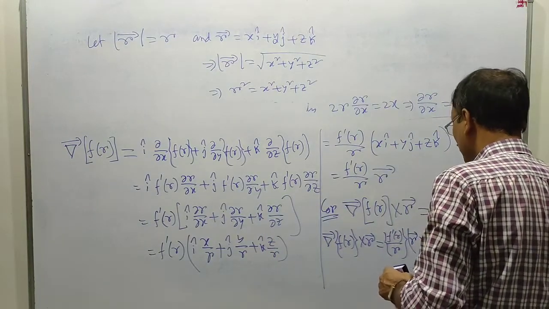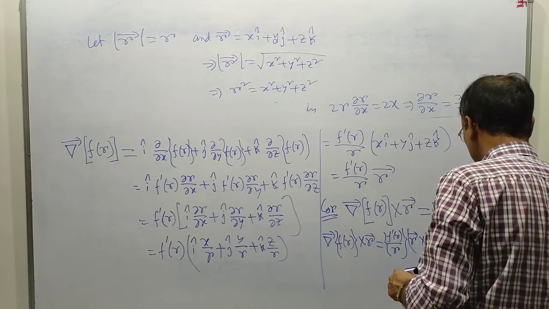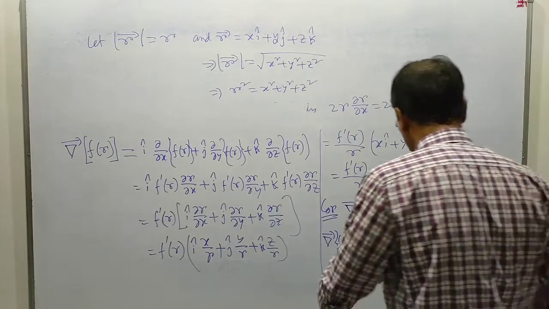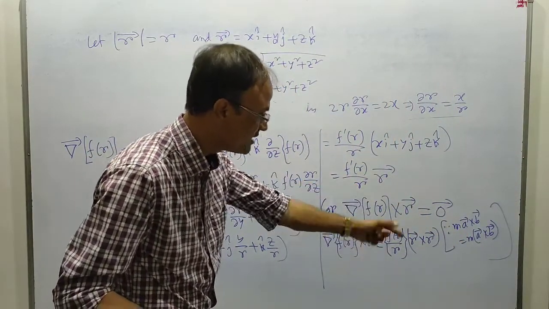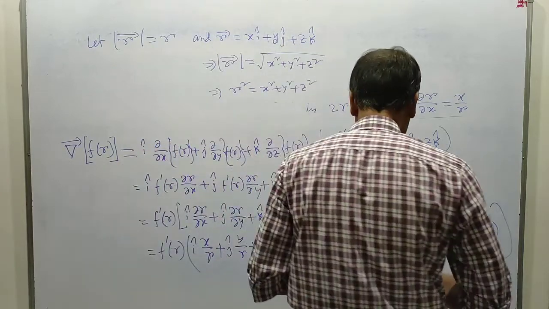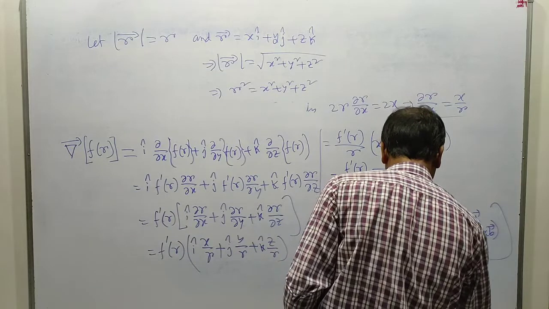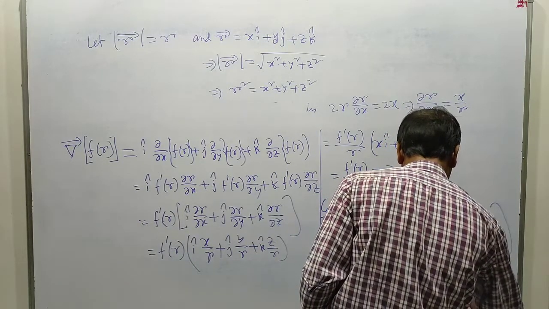Since m A vector cross B vector equal to m A cross B, in vector algebra we have applied this one. M A vector cross this equal to, it is nothing but 0 vector, since the product of two equal vectors is equal to a 0 vector.